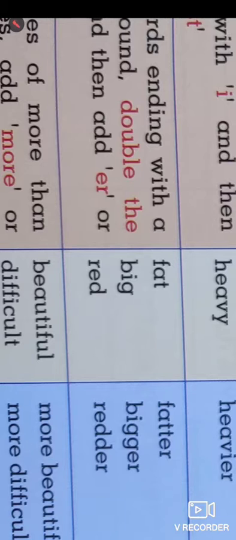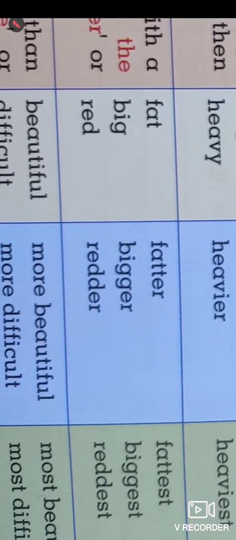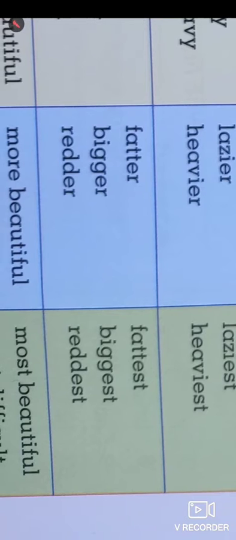In the comparative degree they become fatter, bigger and redder. Here the consonant is doubled, that is t, g, d become double t, double g and double d, and in the superlative degree it comes with est.